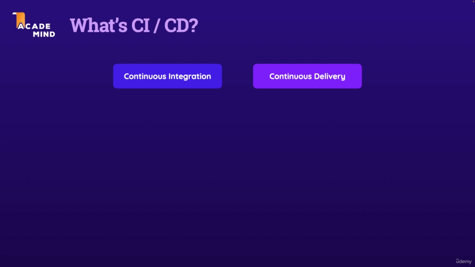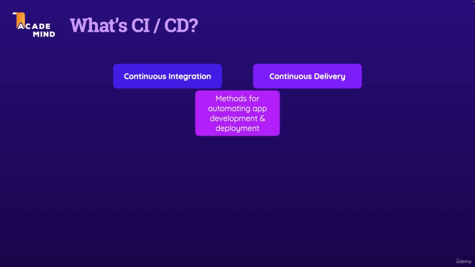Typically, these two terms are used in conjunction, though, and you typically say CI/CD instead of referring to these things as individual groups of processes. And combined, these terms are used to describe and group methods for automating app development and deployment.